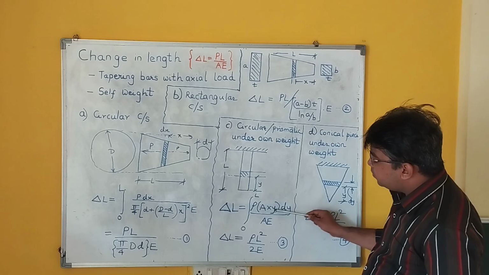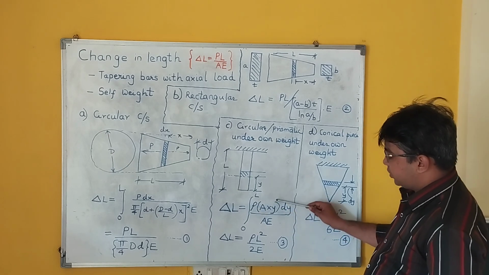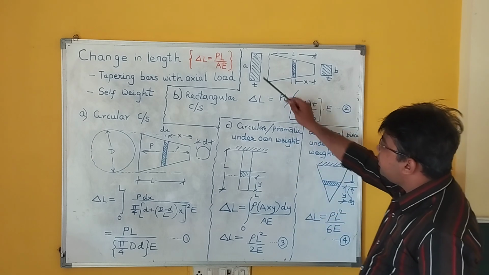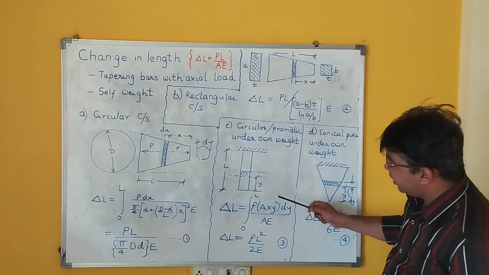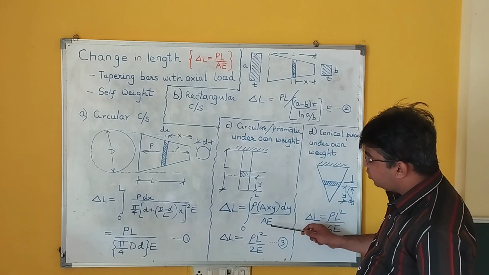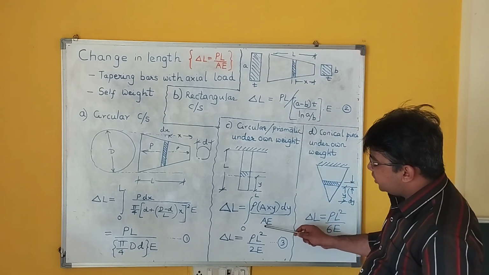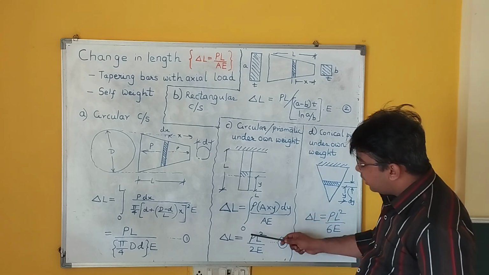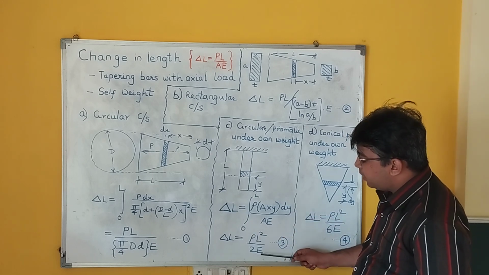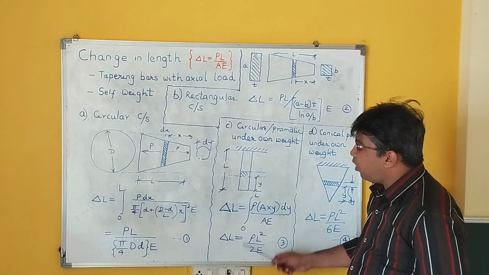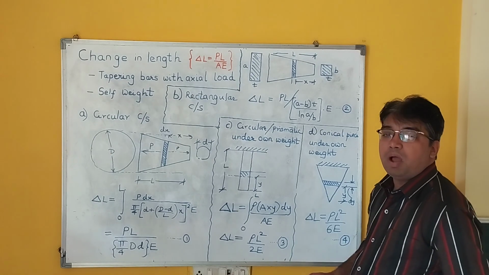So this corresponds to the entire force, that is P. dy is nothing but the length of the element, that is this L. Cross section area is constant, so not to worry, and E is the Young's modulus. If you solve this integral, we get rho L square by 2E. So this is the value of elongation due to self weight of a prismatic or a circular bar.